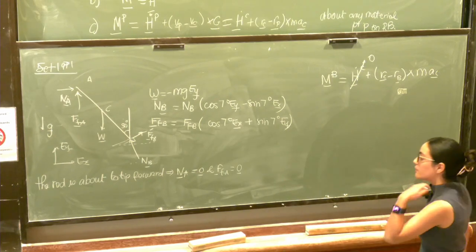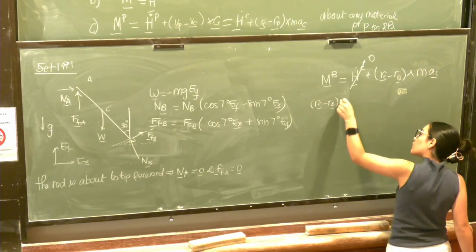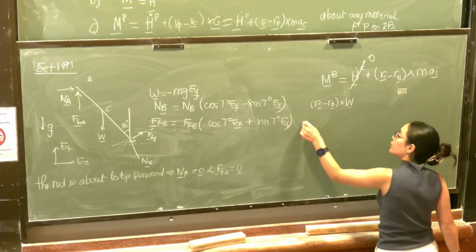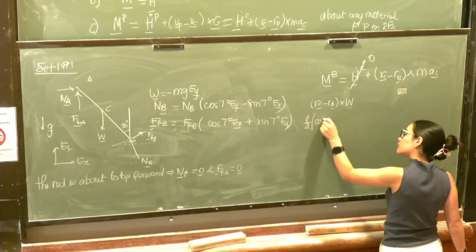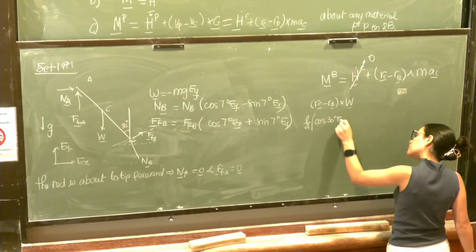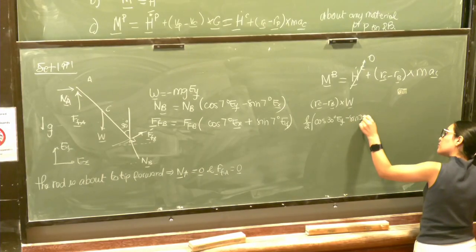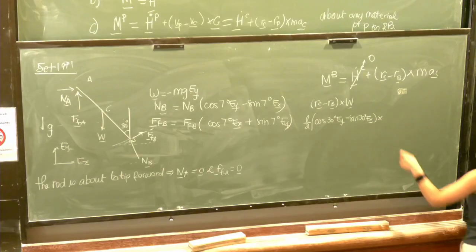RC minus RB, crossed with the weight, which is L over 2 cosine 30 EY minus sine 30 EX, crossed with minus mg EY.